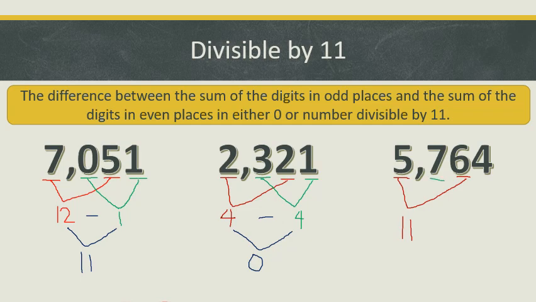Then, 7 plus 4 is 11. So, kapag minus ba natin siya, ano magiging answer? So, 0 ulit. So, di ba sabi nga sa rules, kapag 0 daw yung difference or number divisible sa 11, siya po ay divisible sa 11. So, since 0 yung kanyang difference, so siya po ay divisible sa 11, yung 5,764.